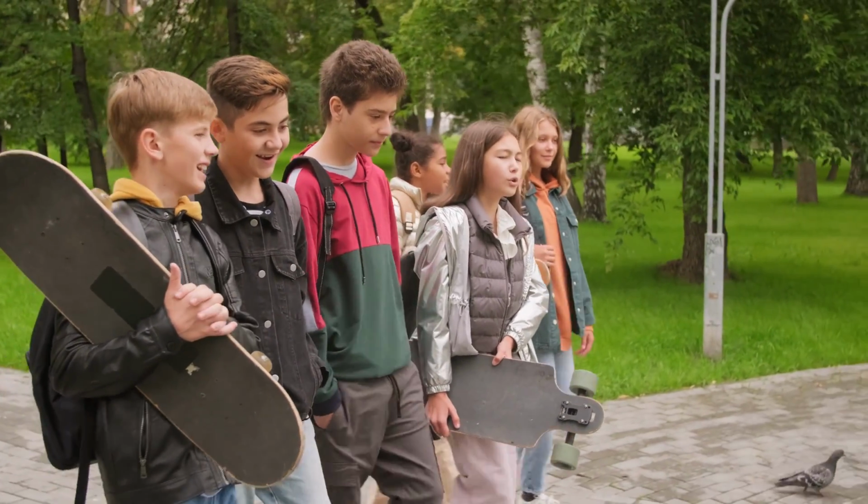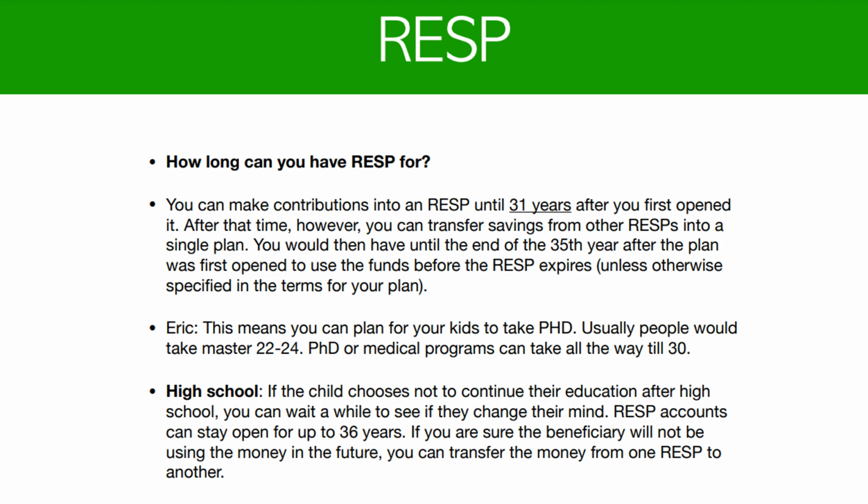So moving that along, how long can you have an RESP for? Now you can make contributions into an RESP until 31 years after you opened it. At that time, you can transfer the RESP into a single plan, and you would have until the end of the 35th year after it was first opened to use the funds before it expires.